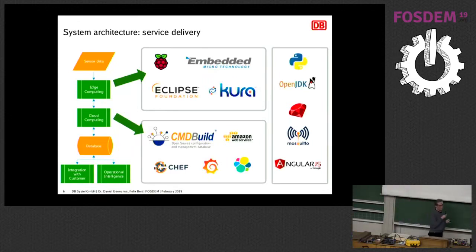We are managing our fleet using Command Build and Chef, and look into the data using Grafana, the TIC stack, and also the ELK stack. And we make extensive use of the Python language, Java, Ruby, and also MQTT messaging.